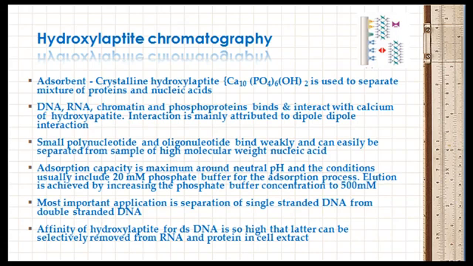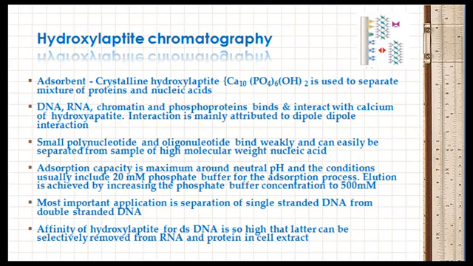Small polynucleotides and oligonucleotides bind weakly and can be easily separated from samples of high molecular weight nucleic acid. Hydroxyapatite is available commercially in a range of forms suitable for low performance liquid chromatography and high performance liquid chromatography.